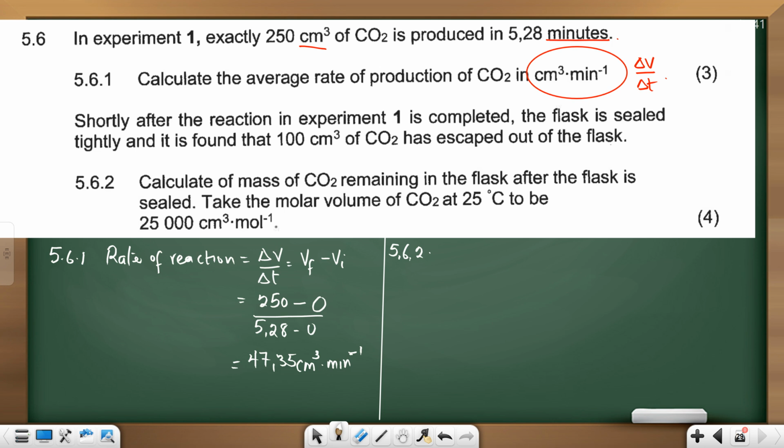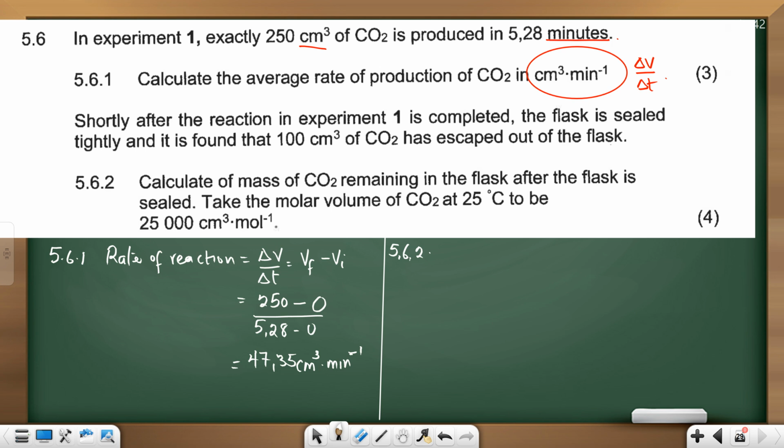Calculate the mass of CO2 remaining in the flask after the flask is sealed. That means we have produced what? 100 cm cube. Is that fine?